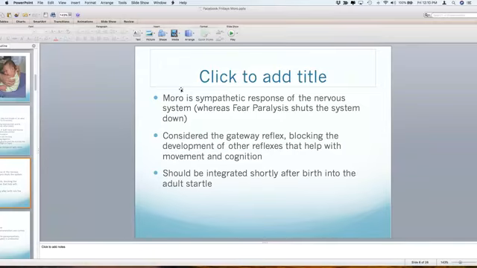So there is a hierarchy. The Moro is considered the gateway reflex, blocking the development of other reflexes that help with movement and cognition.